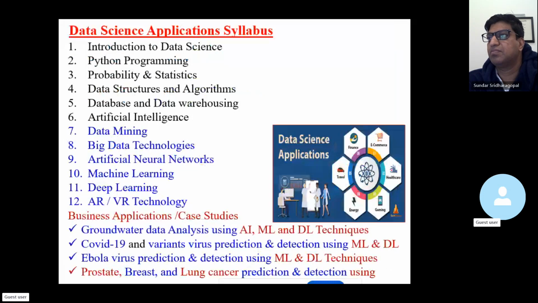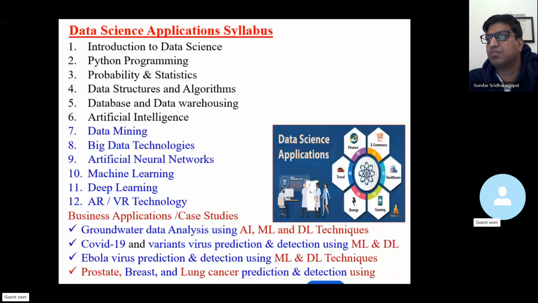This is the syllabus I'm going to cover in this corporate training: data science applications using artificial intelligence techniques, machine learning and statistical models, and deep learning. If you are dealing with audio and video technologies, we are going for augmented reality and virtual reality.